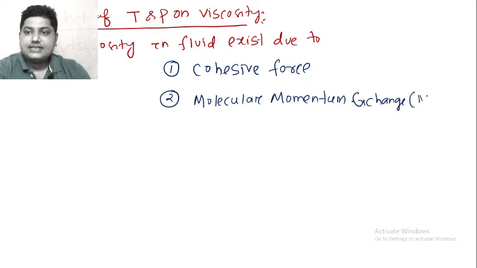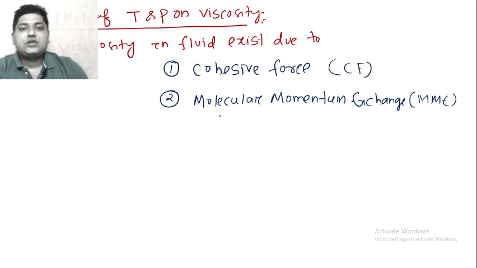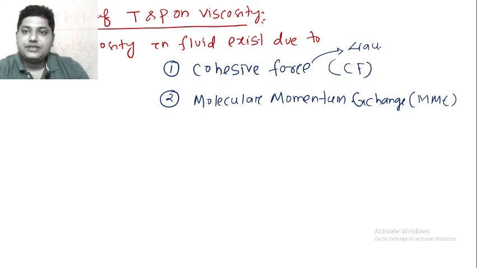In short form, that is MME, and this is CF. So viscosity in a fluid exists due to cohesive force and molecular momentum exchange. The cohesive force exists in liquids, and molecular momentum exchange in gases.